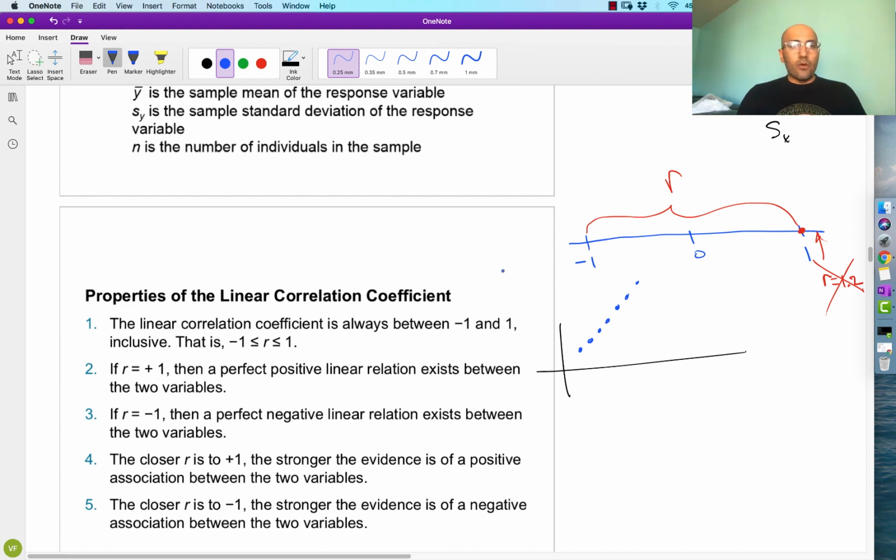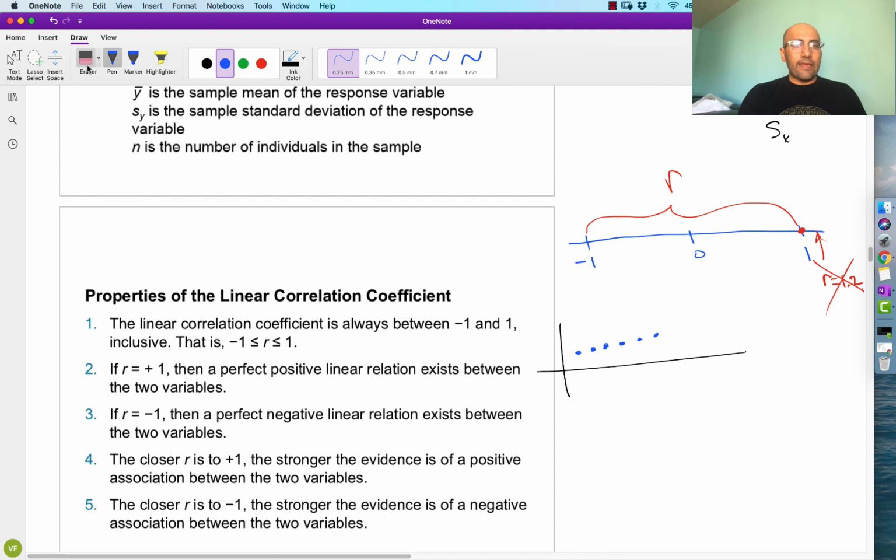It could be that one, or it could be this one. So r doesn't give you any sense of how steep the line is. It just tells you it's linear and it's positive, but it doesn't tell you how steep it is. So it could be maybe this one. Okay. So if r is exactly 1, it's a perfect positive linear relationship.